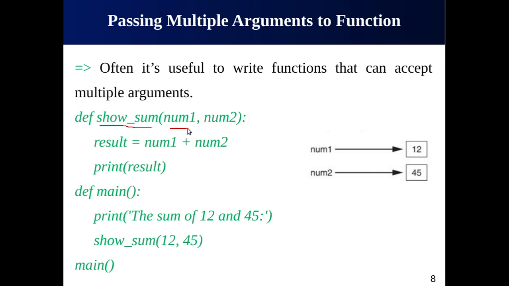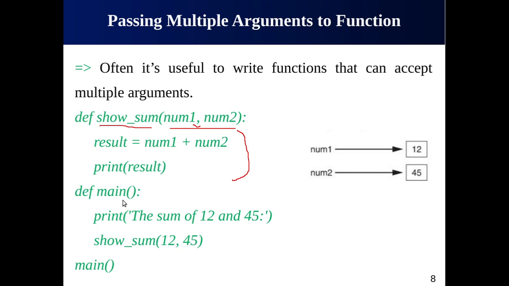And as you can see, this function has two parameters, num1 and num2. When you are using more than one parameter, you have to separate them with the help of a comma. And as usual, it will be terminated by a colon. This is the body. This will be executed every time we call this function.